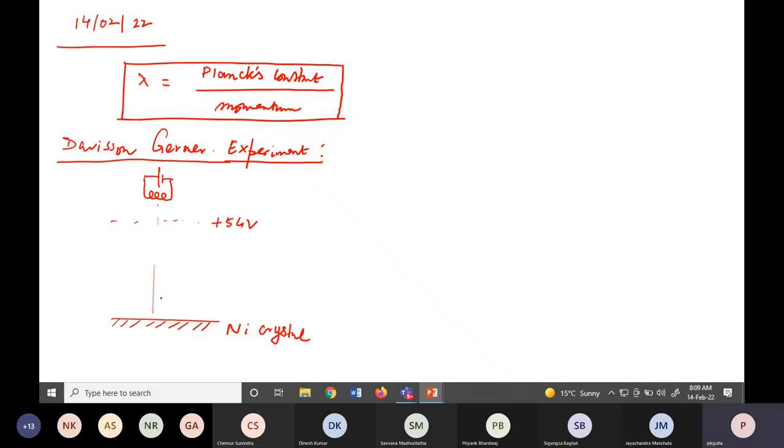Their initial perception was that as the electron is a very tiny particle, even if the nickel crystal surface is very smooth, to the electron it is not smooth enough, so electrons should scatter all over the place. If they detected the current because of electrons, they would get a diffuse nature of scattered electrons.